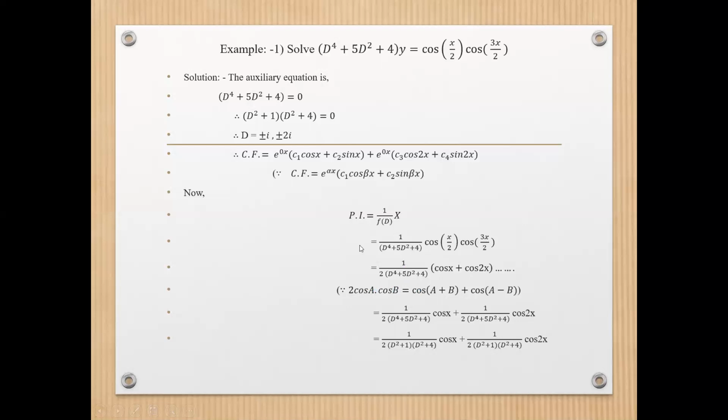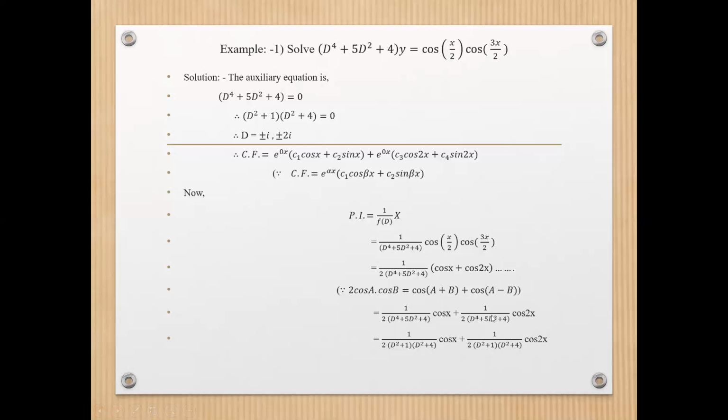So particular integral is equal to 1 upon 2 times 1 upon D raised to 4 plus 5D square plus 4 into bracket cos(a plus b), where x by 2 plus 3x by 2 is 4x by 2, which is 2x.